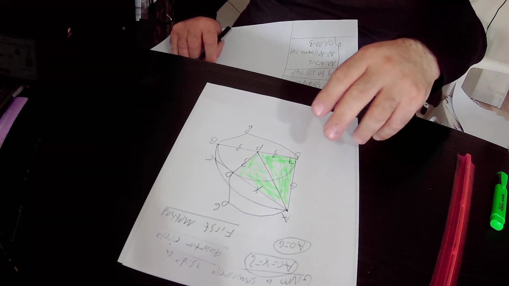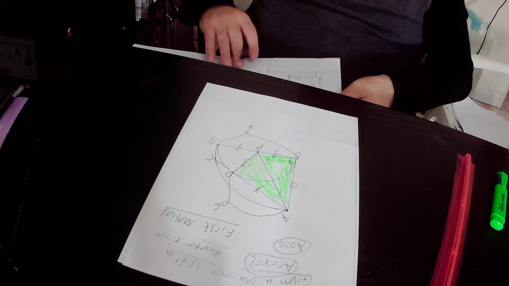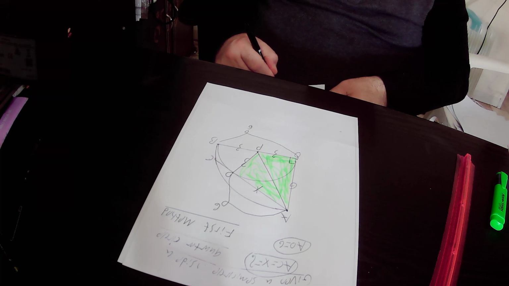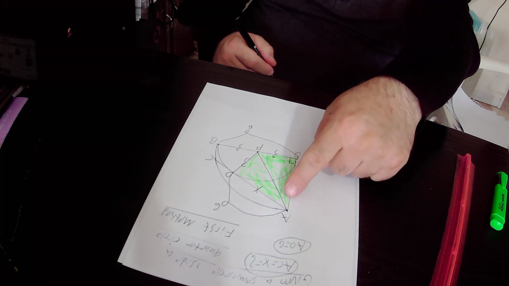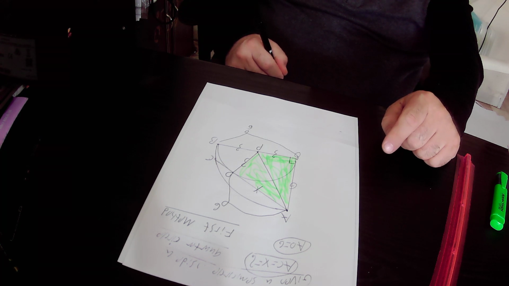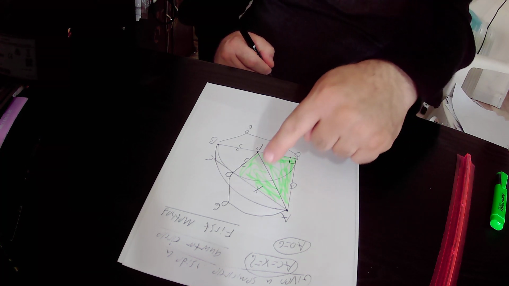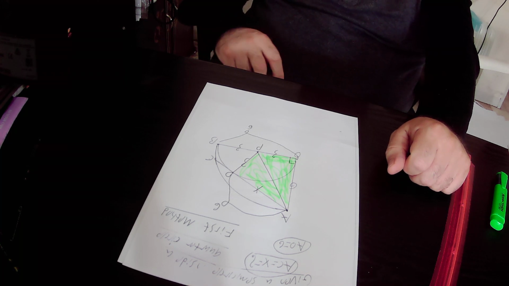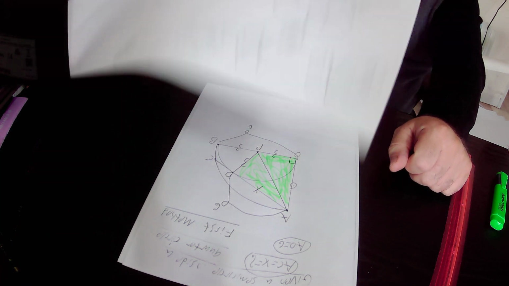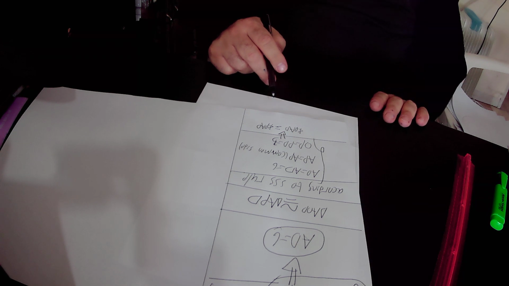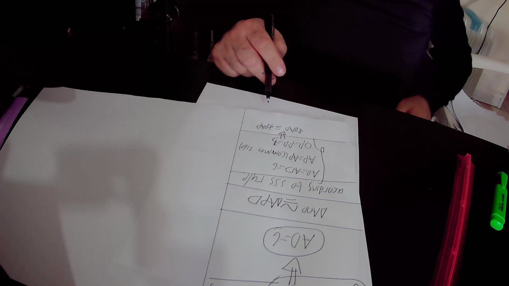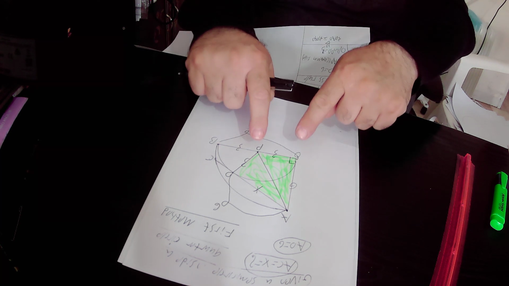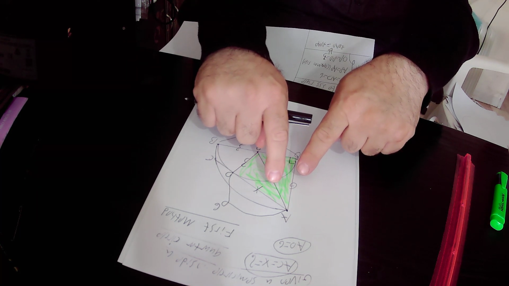And from this, we will derive that angle OAP, this angle, equals this angle that is actually angle PAD, according to the rule that corresponding angles in congruent triangles are equal to each other.